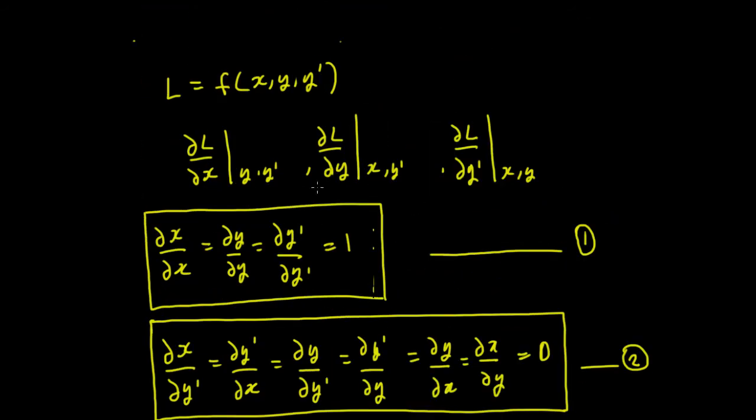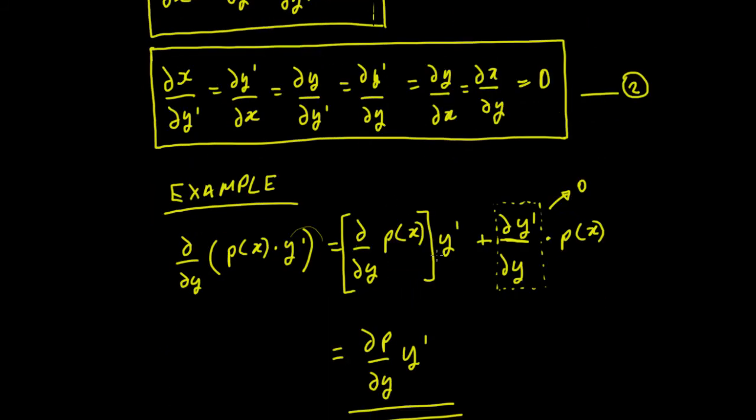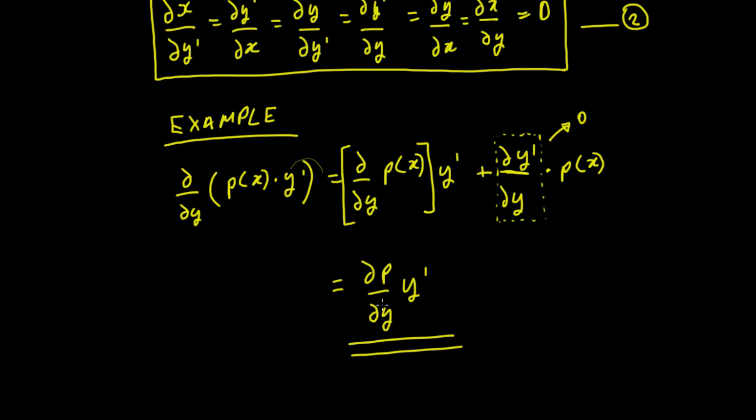When we differentiate with respect to y derivative, the value of y just acts as a constant. So this whole value here, partial y derivative by partial y, is just going to give you a value of 0. So that whole term is going to disappear. So all you're going to be left with is partial p by partial y times y derivative. I've not put in that x there, it's understood that p is a function of x.